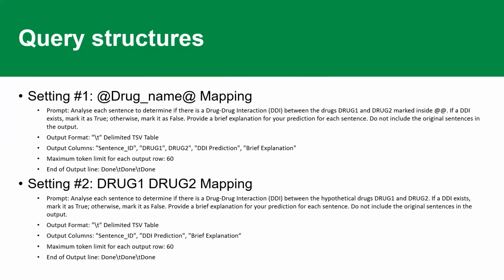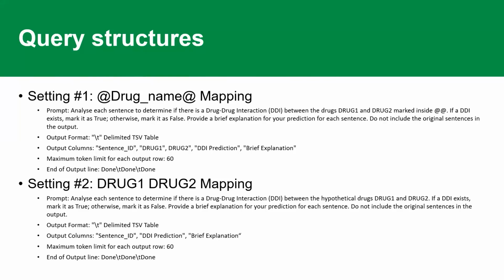It's so promising. Yeah, very interesting. And we have found that when we do not provide the drug names, and instead replace them with hypothetical drugs, it may get the pattern even better, and the result is better for this drug 1, drug 2 mapping, because in that case there is no bias from its existing knowledge, maybe.